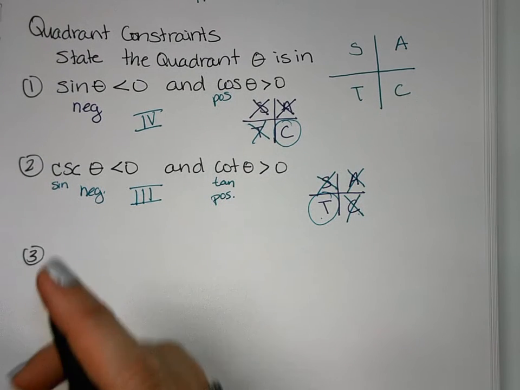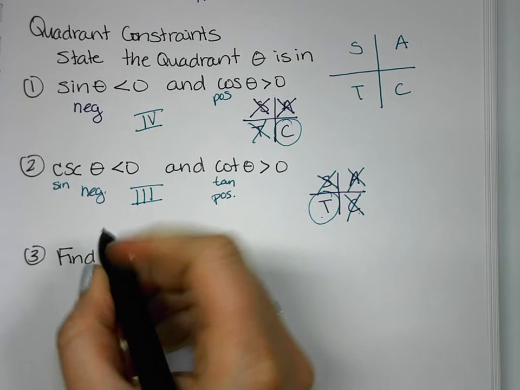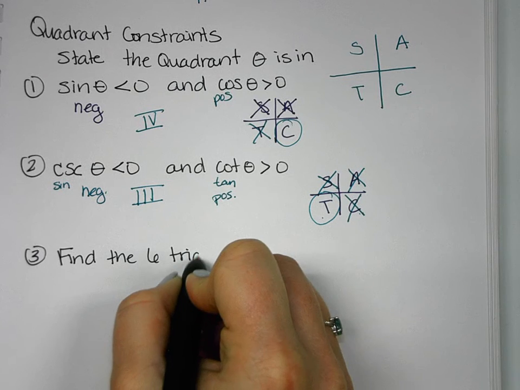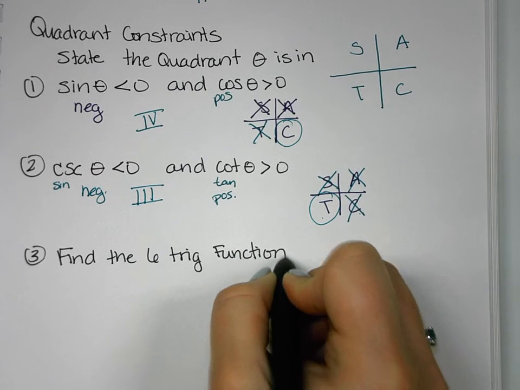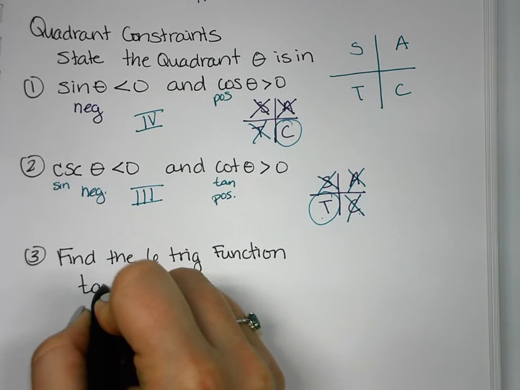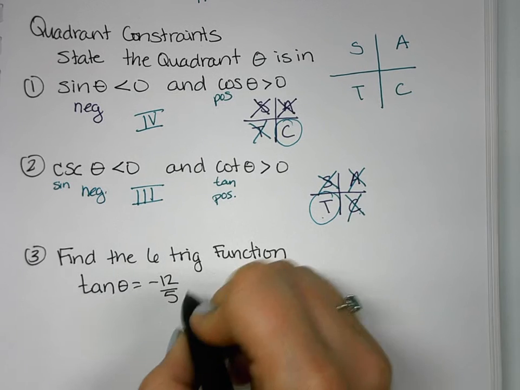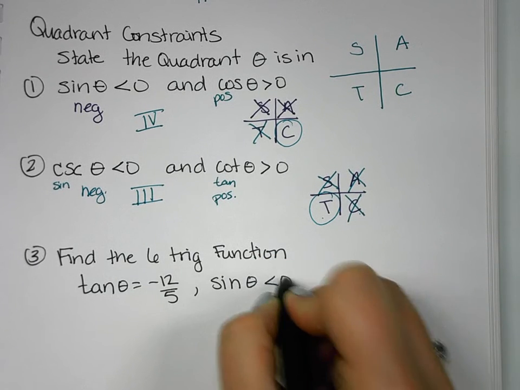So if we look at number 3 here, we're going to be asked to find the 6 trig functions of tangent theta equaling negative 12 over 5, given that sine of theta is less than 0.